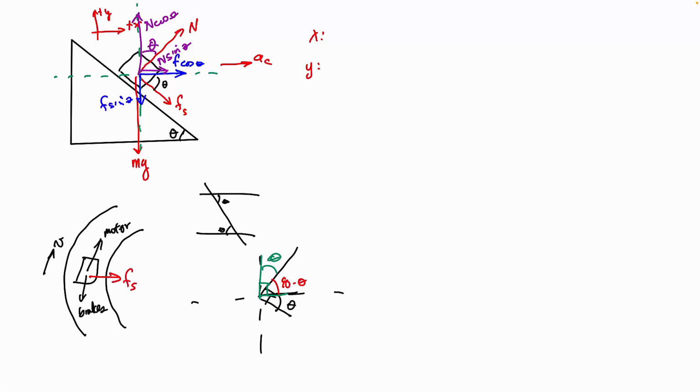X and Y. We only got one object, that's good. X and Y start the same way, right? Sum of forces equals MA. One of these is X, one of these is Y. What do we know about the acceleration in the Y direction? There is none. Why isn't there any?